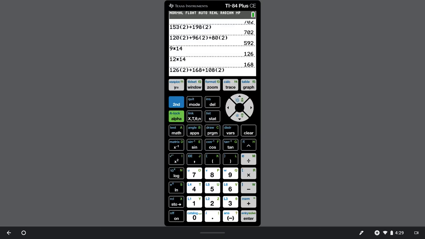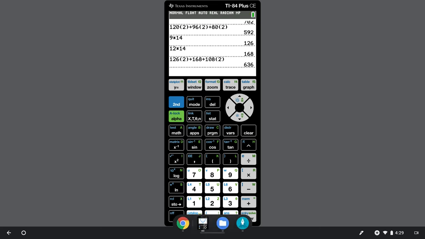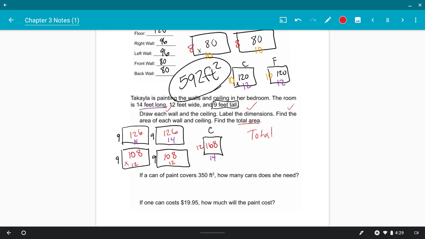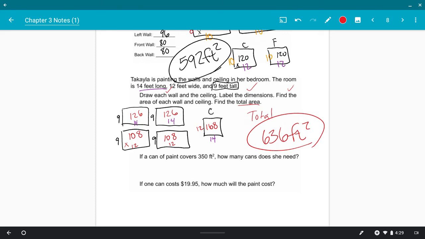And that's times 2 because that's a wall. The 168 is the ceiling, so there's only one of those. So 636 square feet.